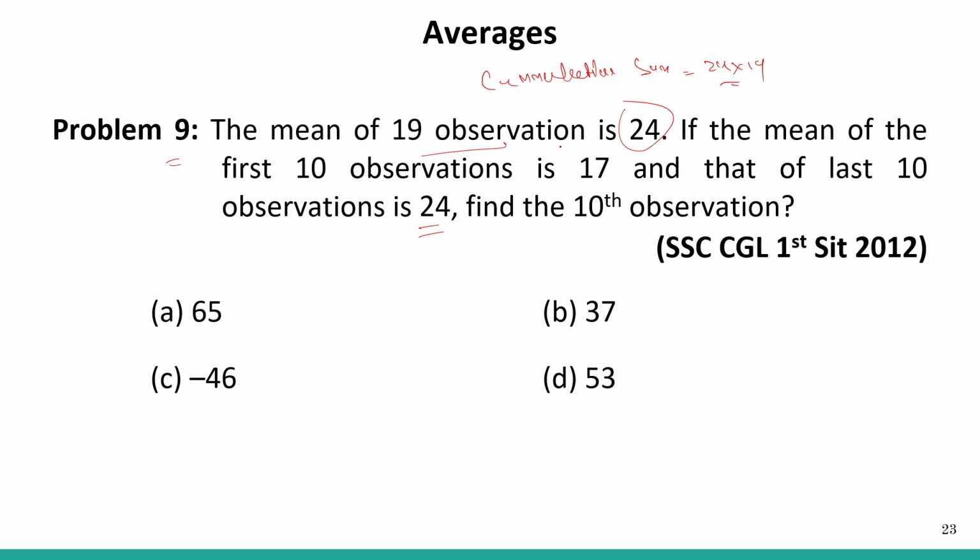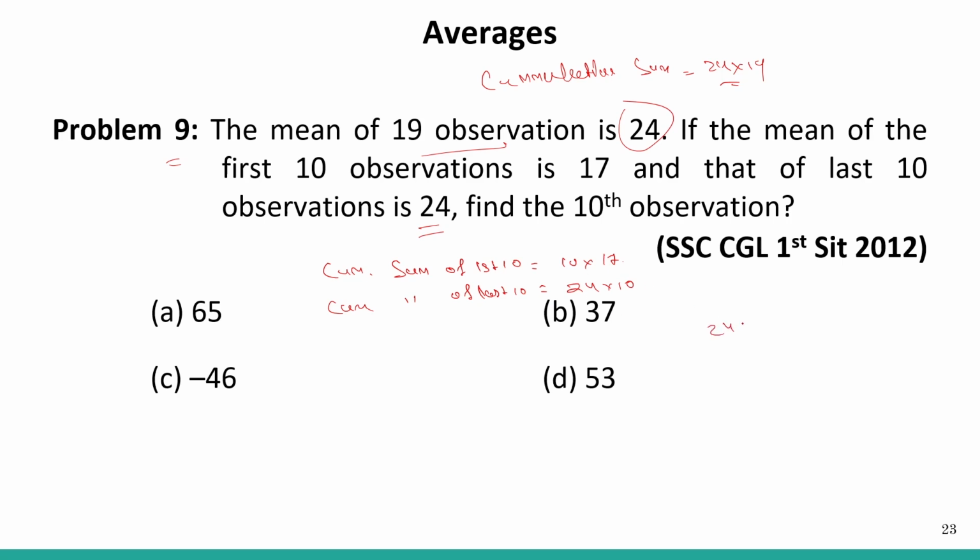So the cumulative sum of the first 10 is equal to 10 into 17, and the cumulative sum of the last 10 is equal to 24 into 10, right? So let's take the difference between these two.